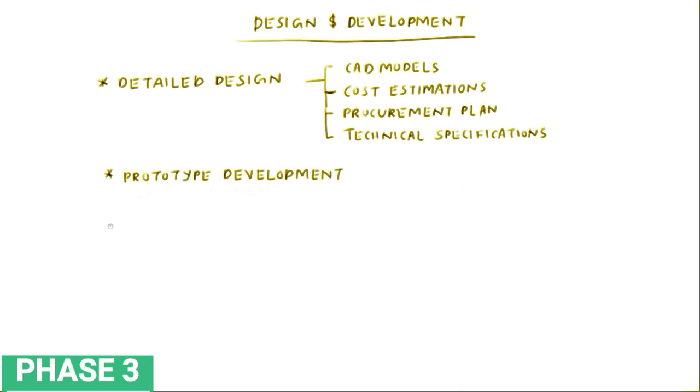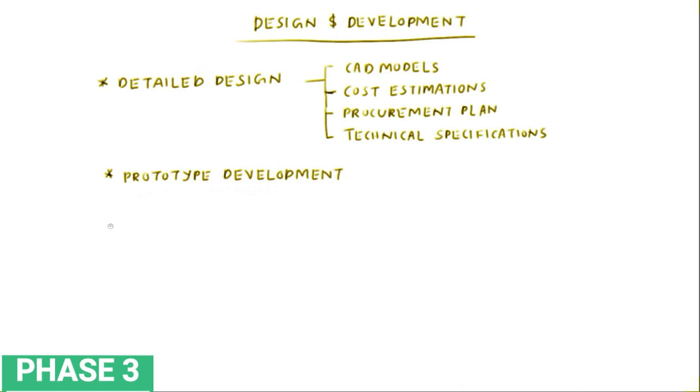Multiple prototypes will be developed, sometimes through multiple design iterations, to ensure form, fit, and functionality of the product. The prototypes will also be evaluated and necessary changes made to improve the design.